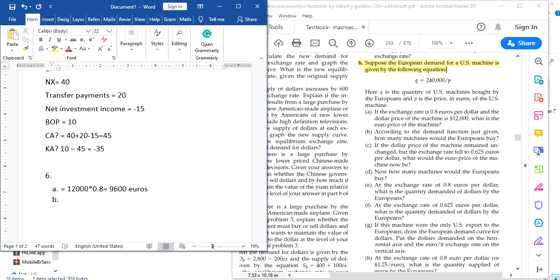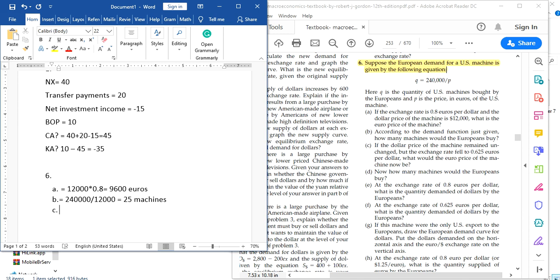Second part. According to the demand function just given, how many machines would the Europeans buy? 240K divided by 12,000 equals 25 machines.